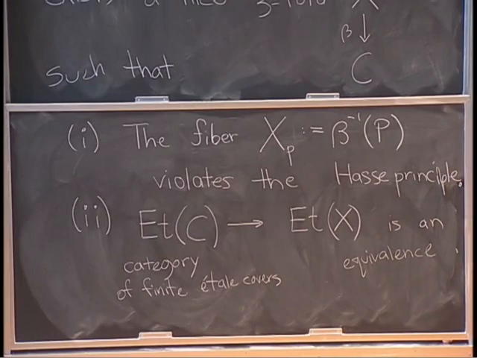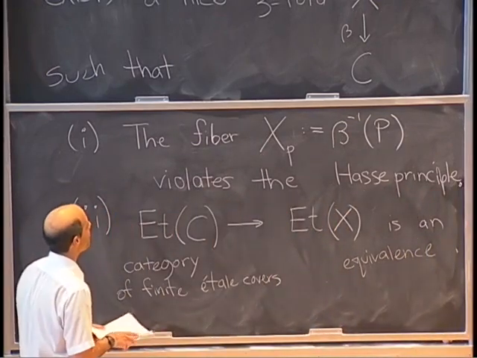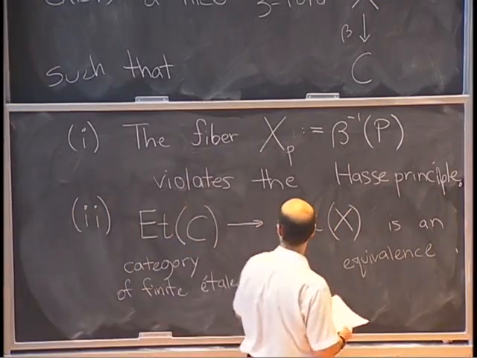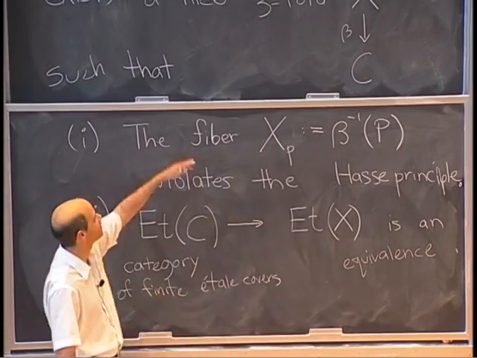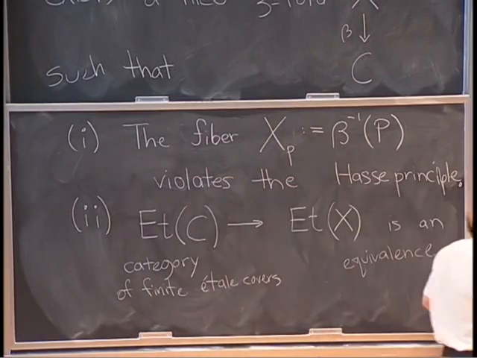Sorry? Yeah, I guess so. Yeah, right. So I mean, it's right. Yeah. So this functor is just the one that takes the finite étale cover of C and takes the fiber product. So, okay.